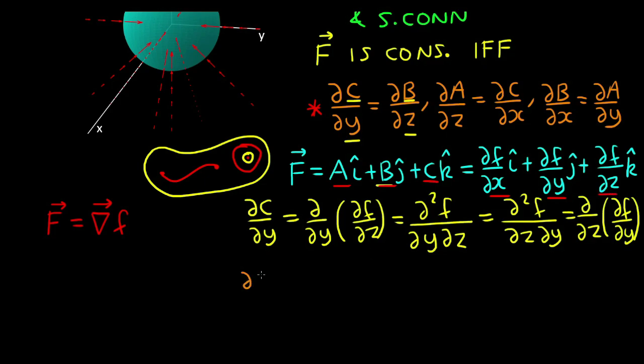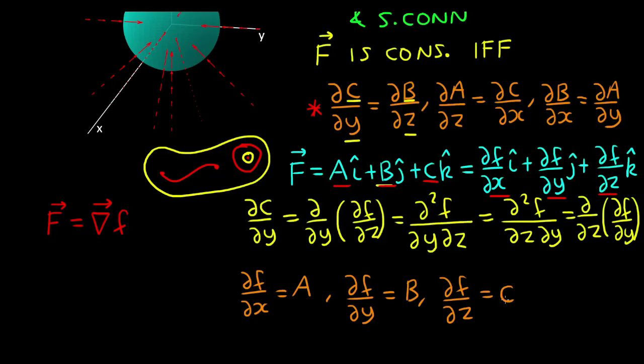So we end up with the partial of f with respect to x is component A, and the partial of f with respect to y is component B, and the partial of f with respect to z is component C. So we find the potential function by integrating these three equations, and we'll see that in worked examples.